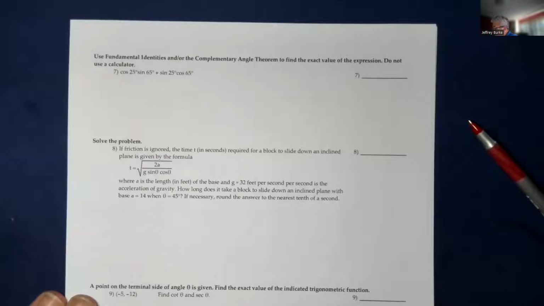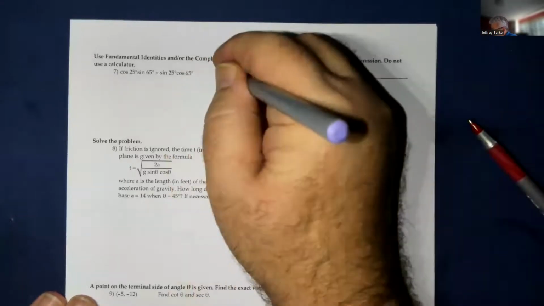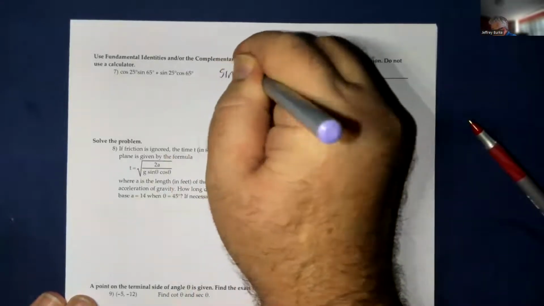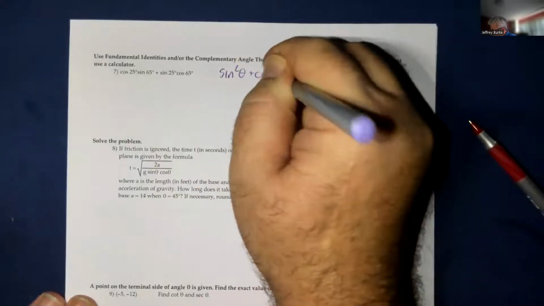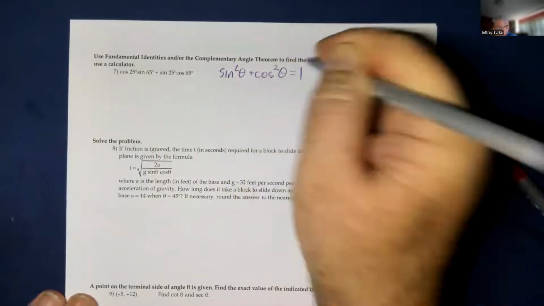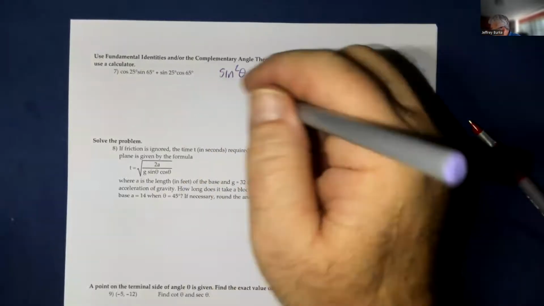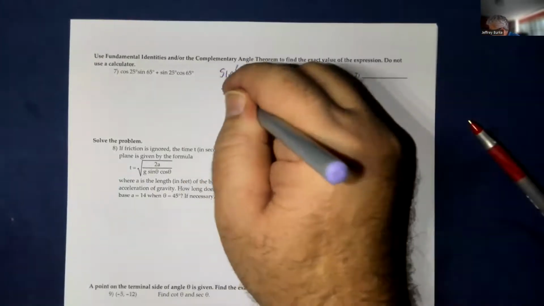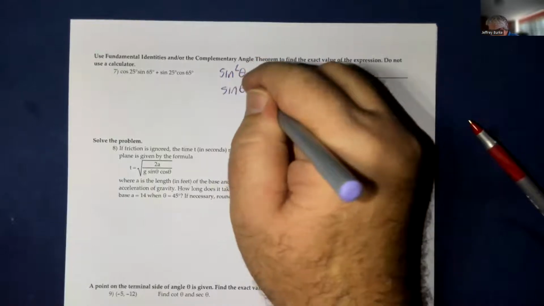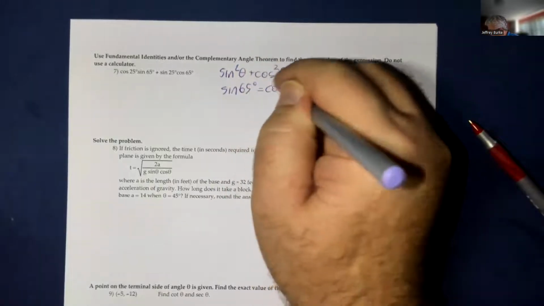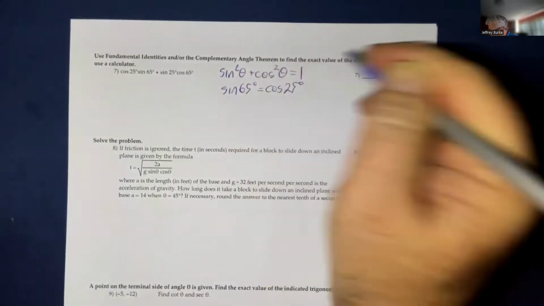Some things that would be helpful to state is that you know that the sine squared theta plus the cosine squared theta is equal to 1. One identity, and you don't have to justify why this is the case. You could also say, for example, that you know that the sine of 65 degrees is equal to the cosine of 25 degrees.